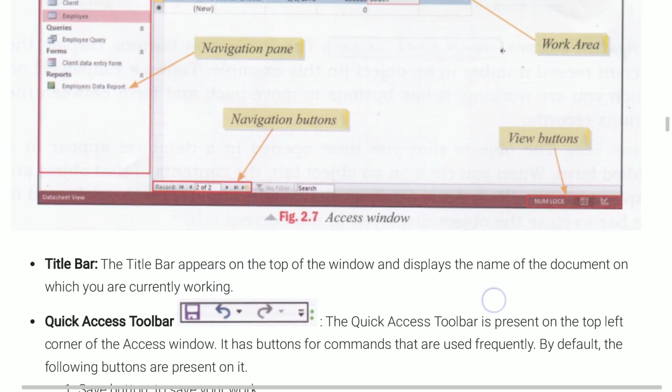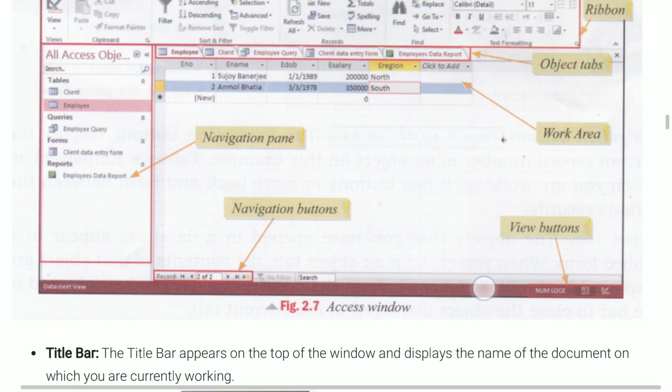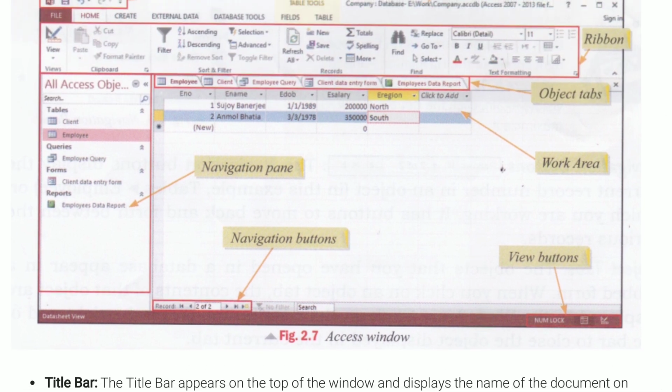See in this picture, the status bar is situated just below, beside the view button. The view buttons are present on the right side of the status bar.